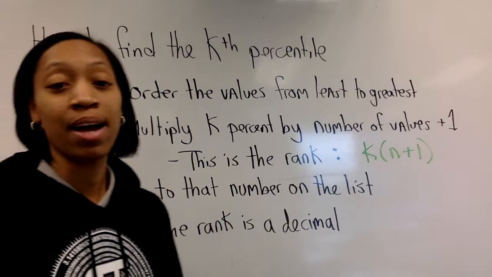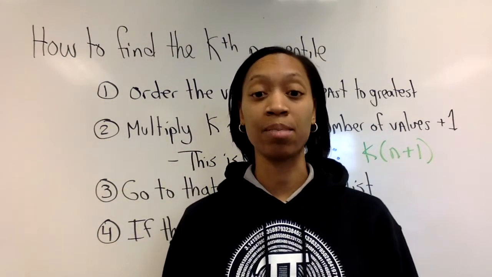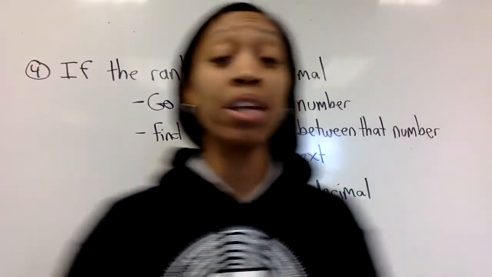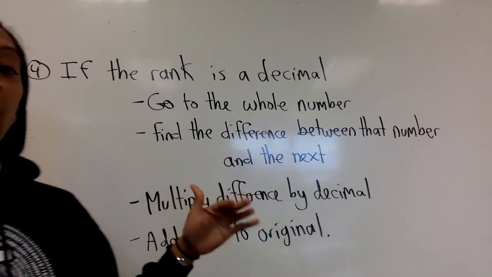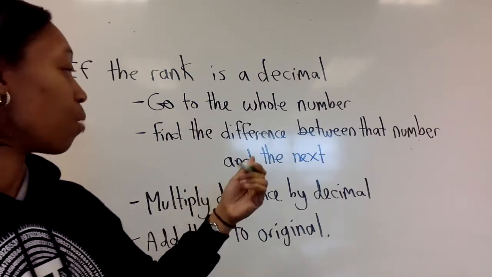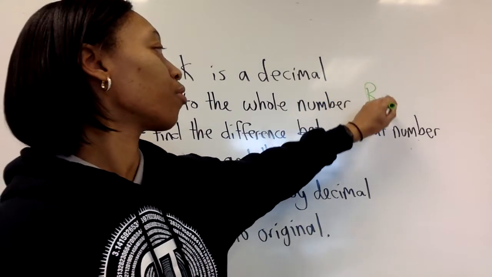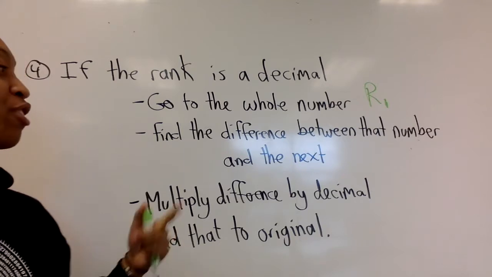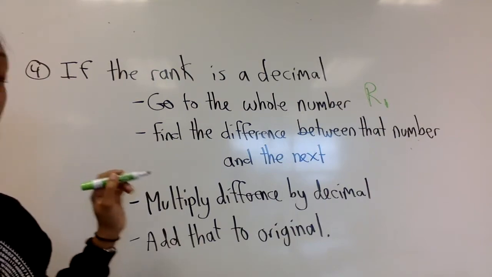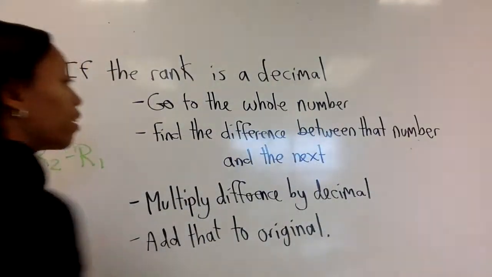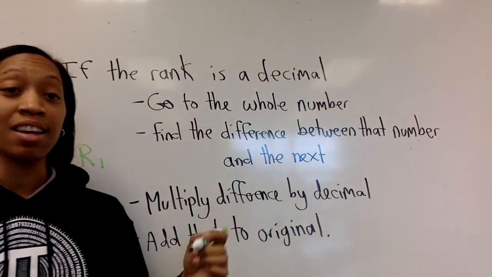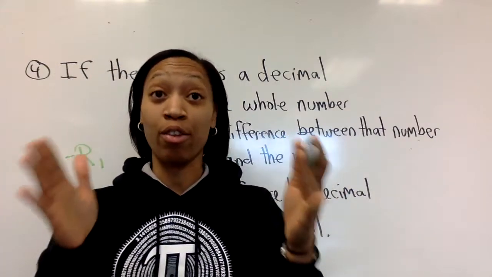Now, the tricky part is what happens if the rank that you're trying to find is a decimal. If the rank is a decimal, you're going to go to the whole number first. Let's call that R1, for rank 1. You're going to find the difference between that value and the next, because you know that your number is somewhere between like the third and the fourth value.